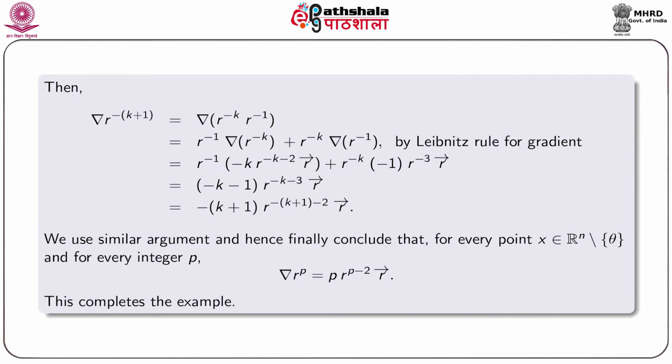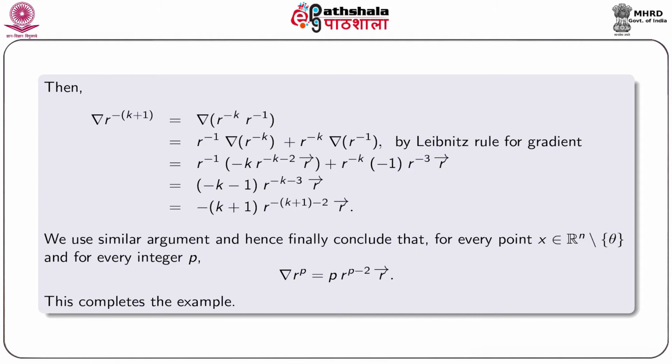Then, the gradient of r to the power minus k plus 1, we can write as the gradient of the product of r to the power minus k and r to the power minus 1. Hence, by Leibniz rule, this is r to the power minus 1 gradient of r to the power minus k plus r to the power minus k gradient of r to the power minus 1.